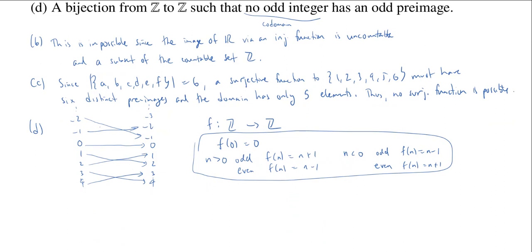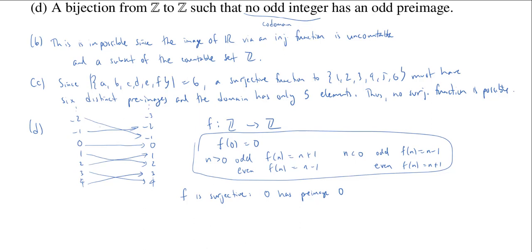All right, now we would like to verify that this is going to be a bijection. I mean, we have a good sense that it is. So how do I know that f is surjective? Well, I need to show that everything has a preimage. We already know that 0 has preimage 0. So that's covered.